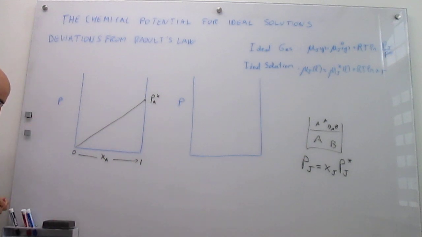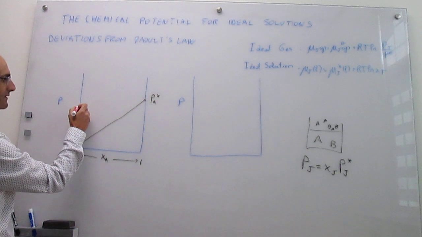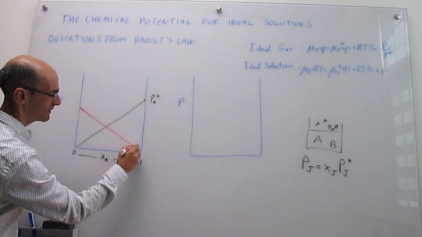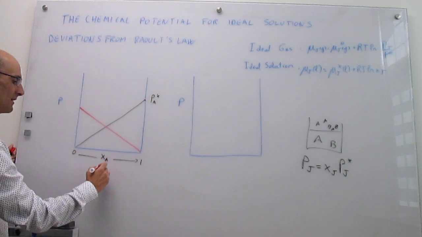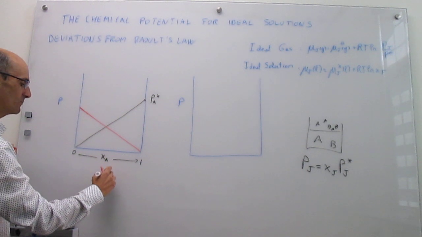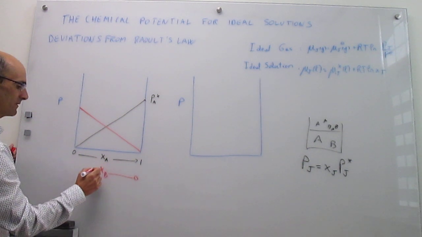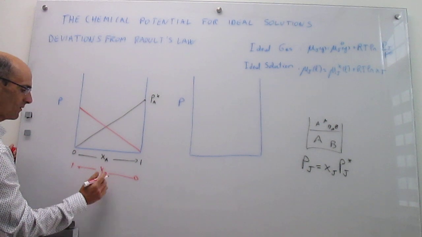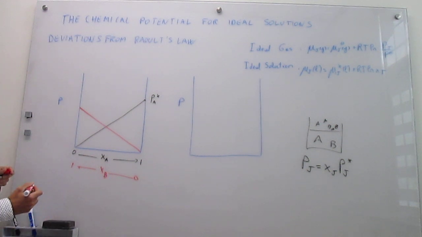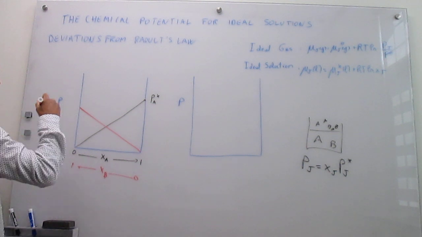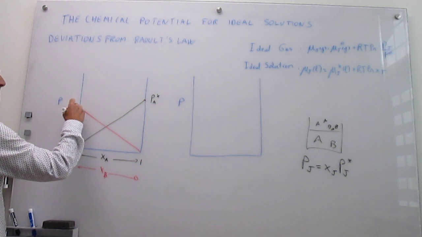And then the other component is going to have something different, which in this case will be x sub B going from 0 to 1. This will be the vapor pressure of B when pure.